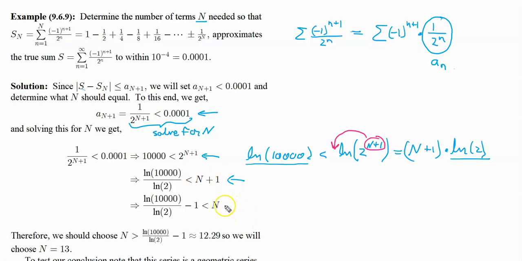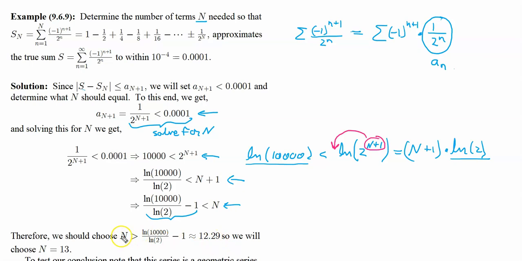Subtract 1 over to the other side, and there's what our n should be. Our n should be chosen to be larger than the natural log of 10,000 divided by the natural log of 2 minus 1. And if you evaluate the left-hand side here, you'll find that this quantity is approximately 12.29.